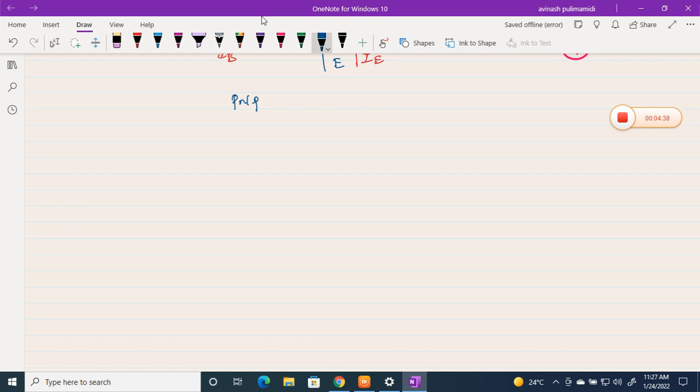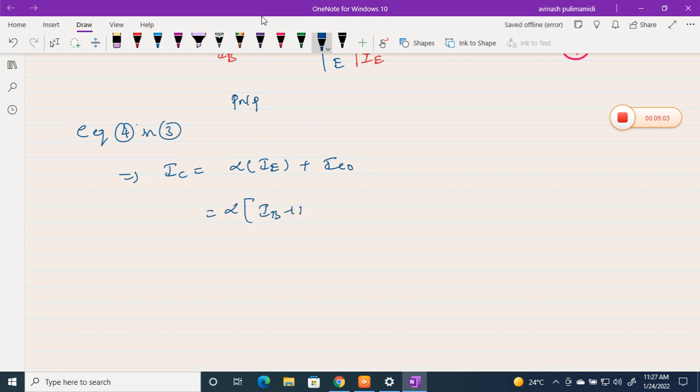Then substituting equation 4 in equation 3, what do we get? The value of IC is alpha times IE plus IC naught. Alpha into what is the value of IE now?